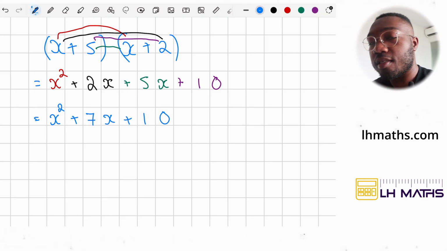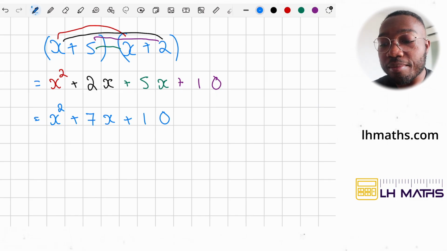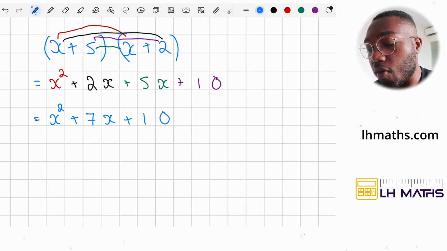And then we just plus the 10. So as you can see, when we have variables with just the same x, then we can join them together, okay? So therefore we have x squared plus 7x plus 10.